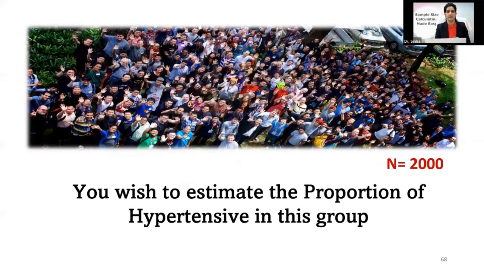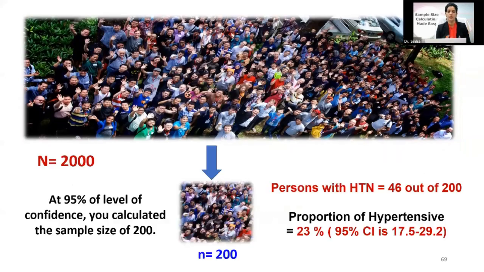Like in this case, you can see this picture. This is a population of 2,000 people, and you wish to estimate the proportion of hypertension in this group. So this is my research question. I took 200 individuals from this population of 2,000, and at the 95% confidence level, I calculated that 46 out of the 200 people are hypertensive.